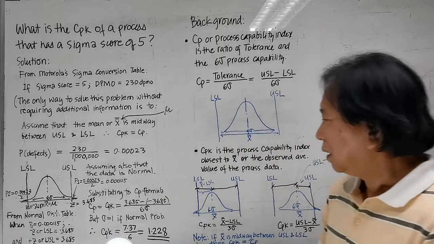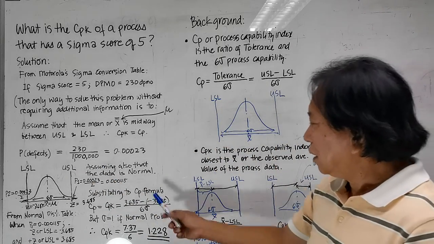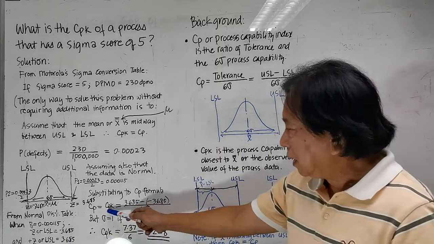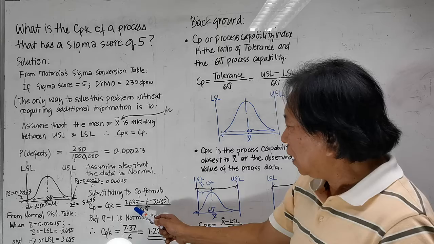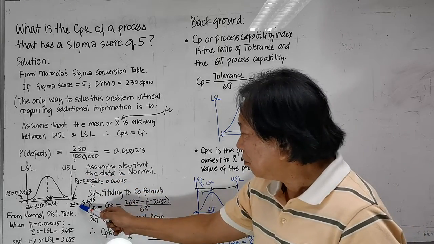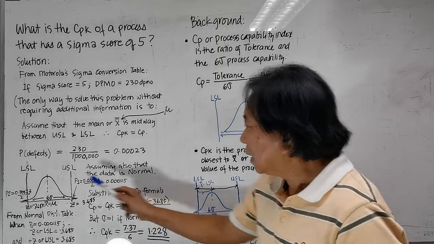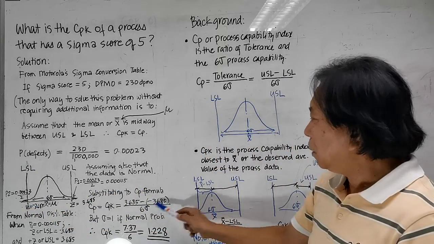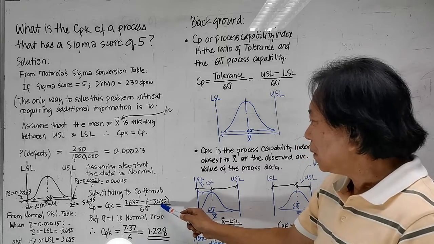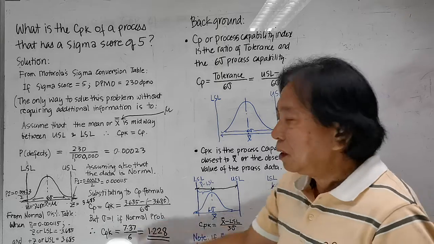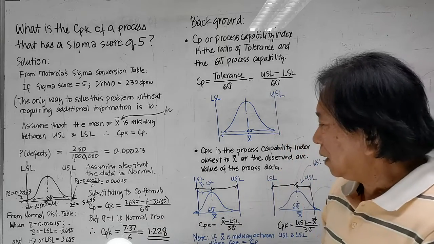Now, let us use the formula, substitute these numbers. CP is equal to CPK. USL is 3.685 minus negative 3.685. Okay? Divided by 6 sigma. But sigma is going to be 1 when you have normalized the data.